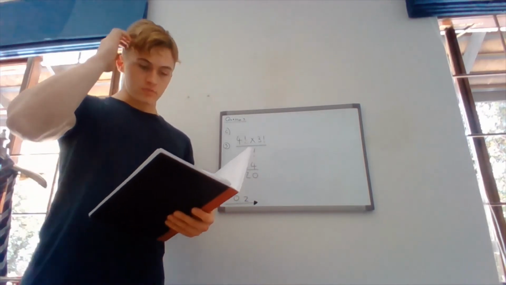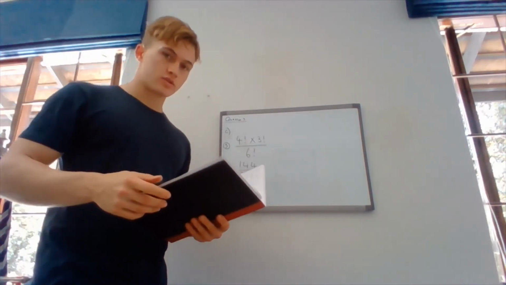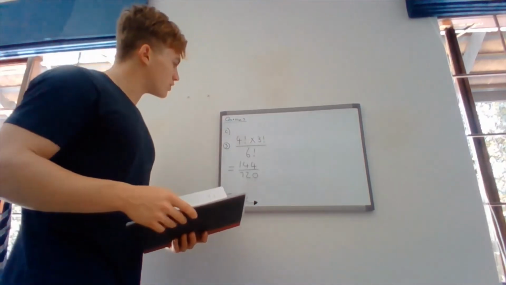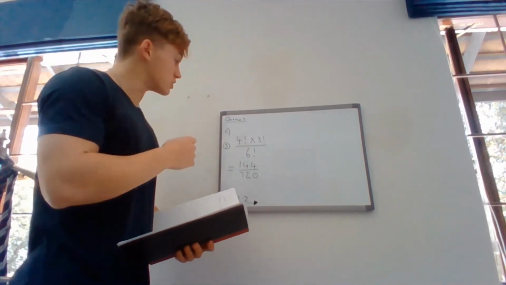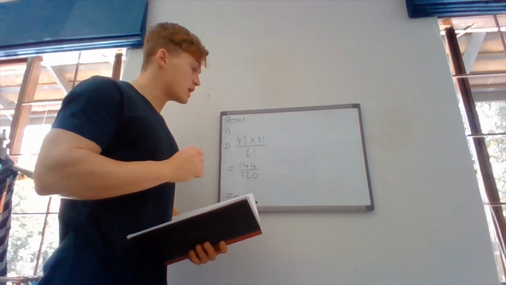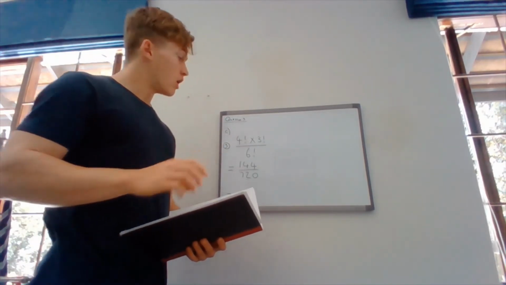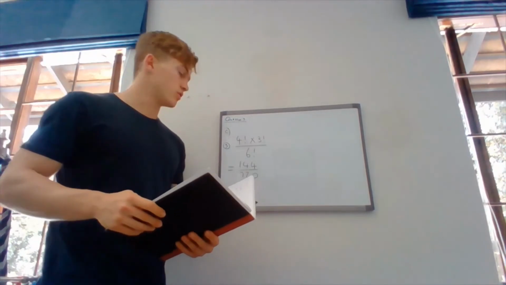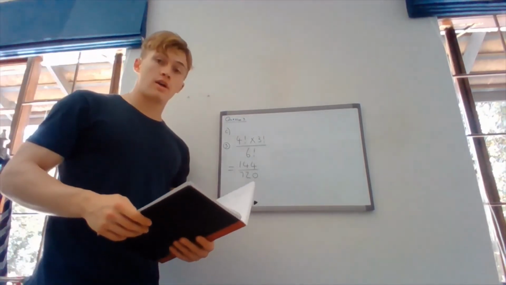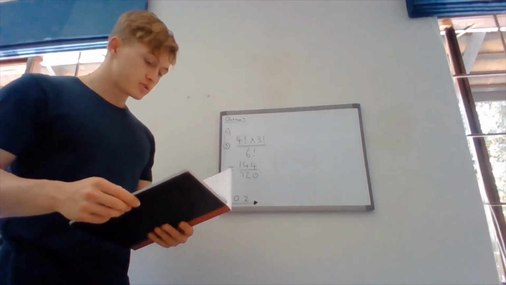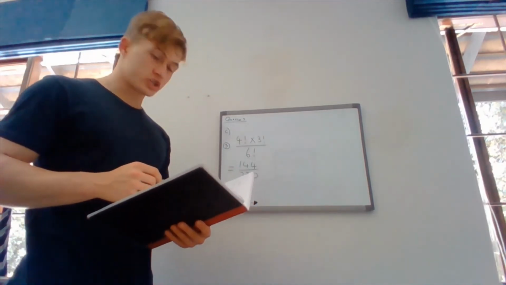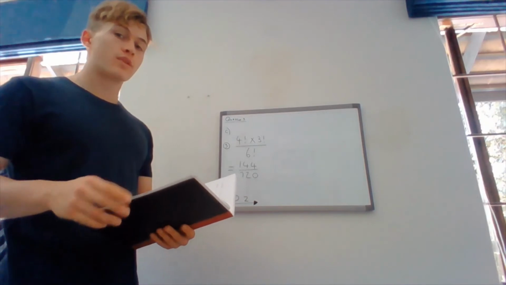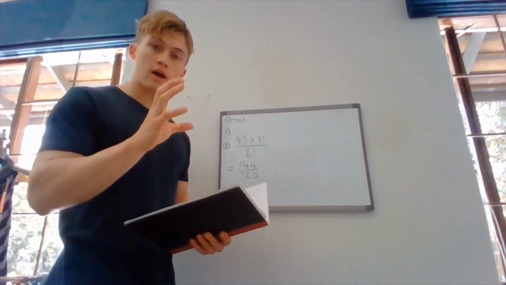Now, to work this out, you'll see that I wrote in my equation 4 factorial times 3 factorial over 6 factorial.